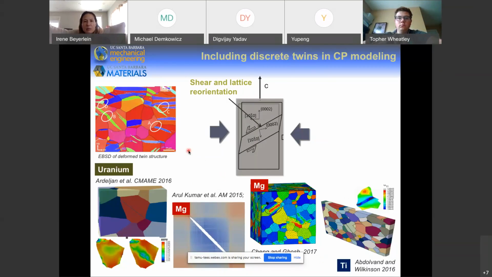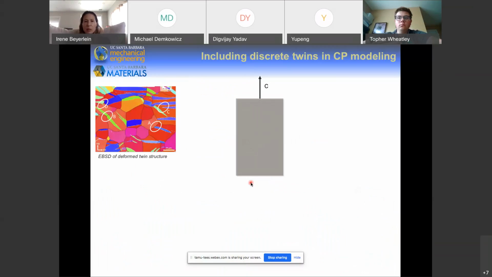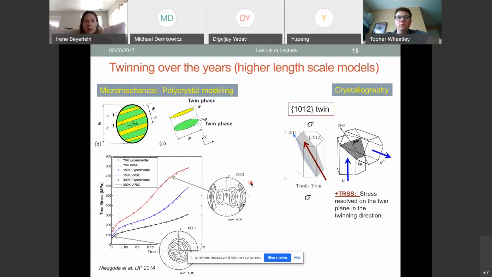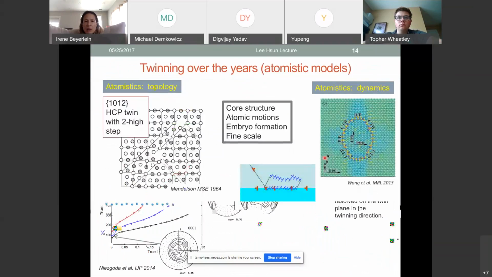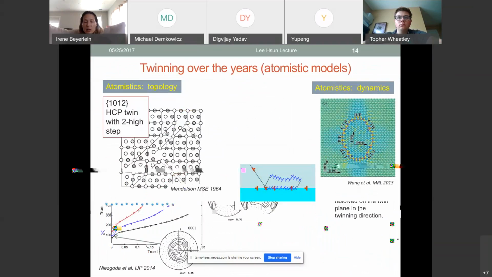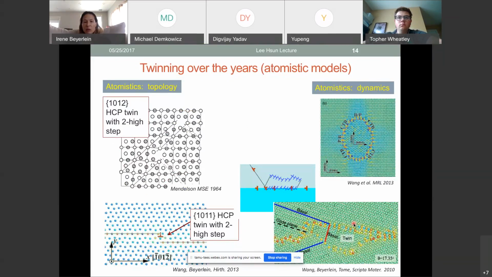So those are some of the recent tools and findings from modeling. Again, I would say that atomistics is critical for understanding the mechanism of nucleation. One thing is that I think interatomic potentials are constantly being developed here. All of these are magnesium.